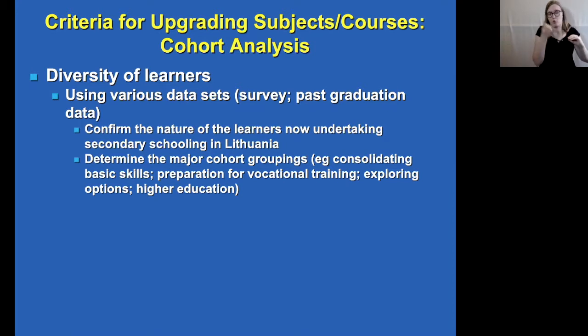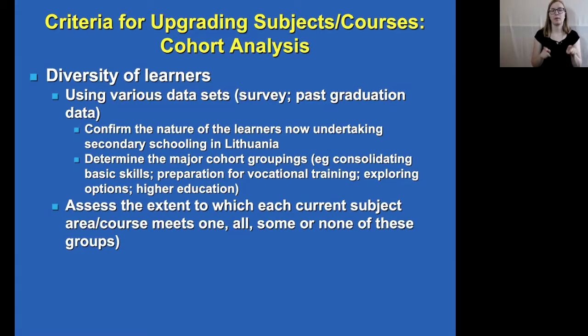Look for the major cohort groups: those that are still consolidating basic skills, those that are preparing for vocational training after school, those that are exploring their options, those that clearly are making their way towards university and higher education. So make sure that you really define each of those groups.